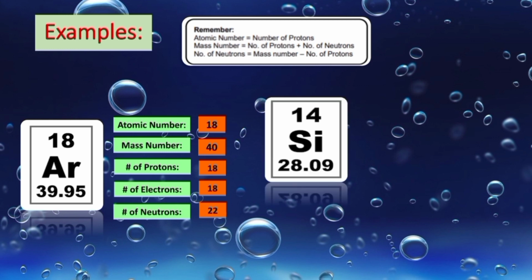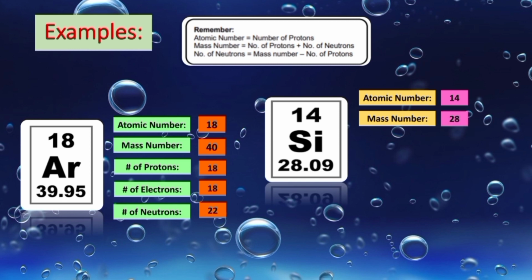Another example, silicon. So, tignan natin. What's the atomic number? Yes, it's 14. What about its mass number? Okay, it's 28. I-round off na natin. Then, ilan yung protons? The answer, 14 din. Parehas lang sila ng atomic number.